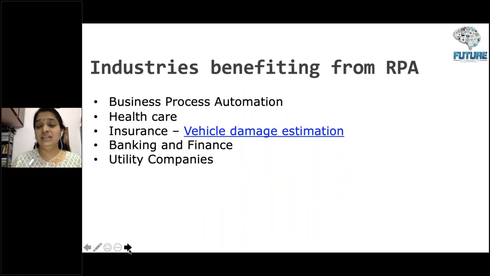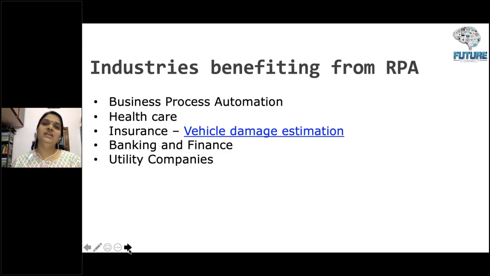What are the beneficiary industries? There are several industries. Earlier, when it was screen scraping, ERP and artificial intelligence, very few big industries which had the capability of deploying heavy servers and storage capabilities, and which could put in lots of money for their infrastructure, were using RPA automation.